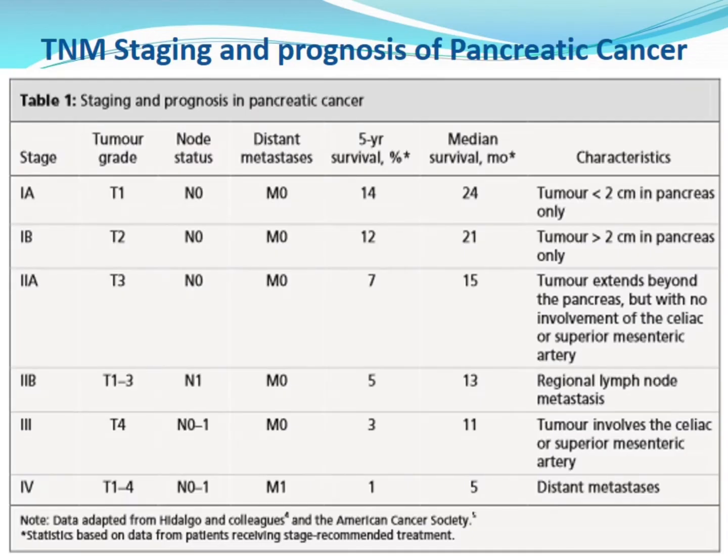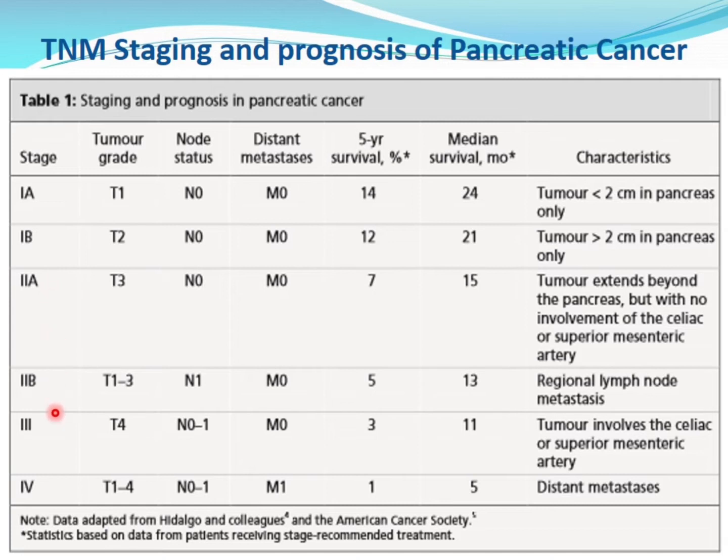This table shows the TNM staging and prognosis of pancreatic cancer. In stage 1A, the tumor is less than 2 cm and confined to the pancreas only. In stage 1B, the tumor is 2 cm also, but confined to the pancreas. In stage 2A, the tumor extends beyond the pancreas, but with no encasement of the vessels.